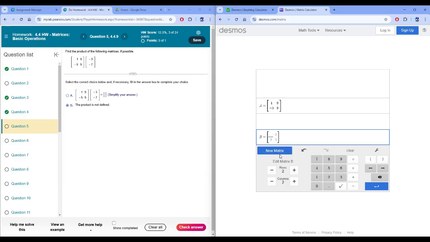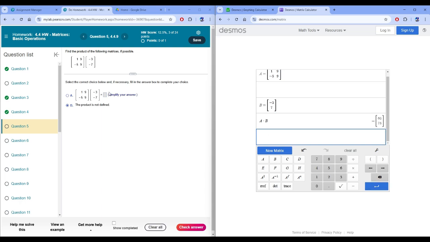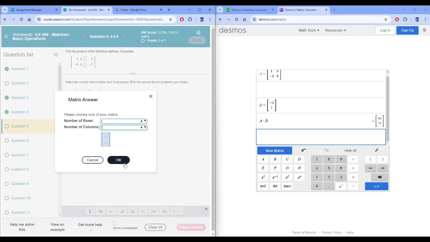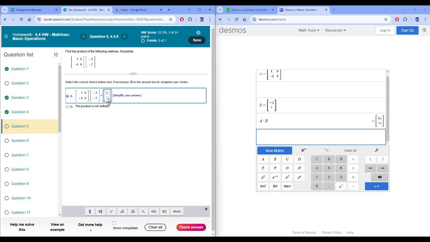New matrix, which is a 2 by 1. It's going to be negative 3 and then 7. And then we're looking for A times B, which is a 2 by 1, going to be 60 over 78.